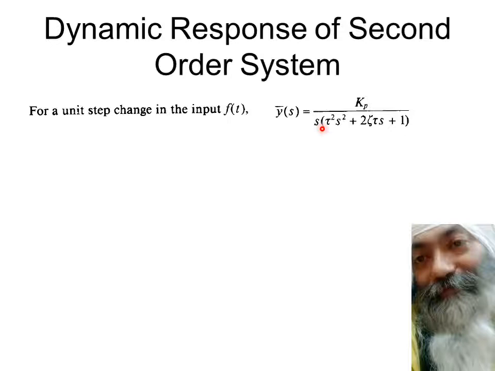So to this transfer function, we give a step change. And we all know that the Laplace of a unit step change is 1 upon s. So this 1 multiplied by Kp, divided by s.